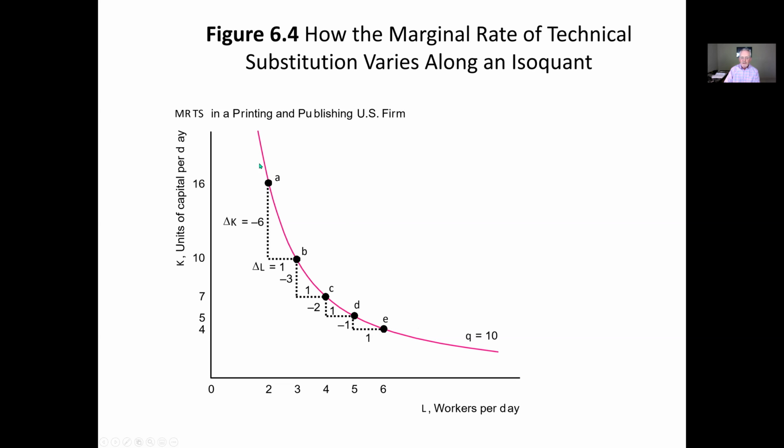So what that means is, as we have less and less capital and more labor, labor has less capital to work with. And so the marginal product, as you would imagine, as we take away capital from our labor inputs and add more labor, the marginal product of labor is going to be falling.